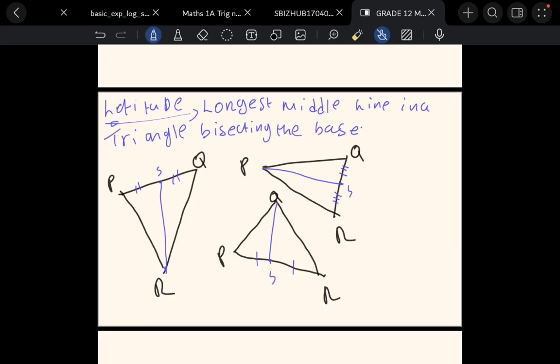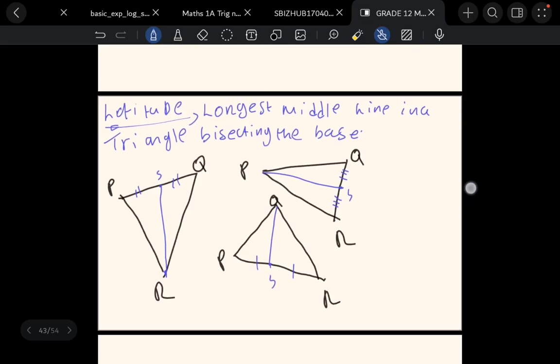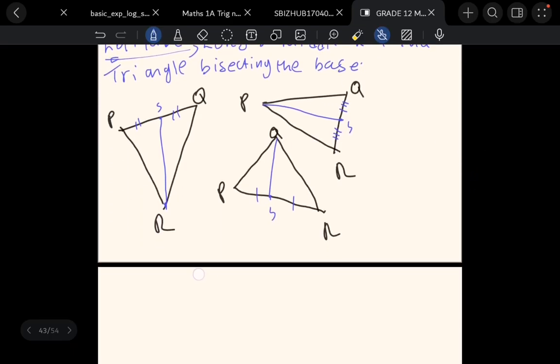So an altitude is the longest middle line in a triangle bisecting the base. It's going to start from a particular point, go to the particular base and bisect it. It can be at 90 degrees, it can be less than 90 degrees. That is an altitude. Now, most of you do not know what an altitude is. I've noticed over the years, if a line from there to there bisects this line, that is an altitude.